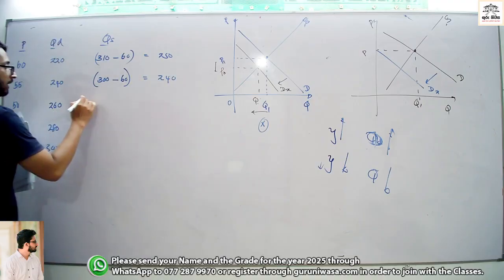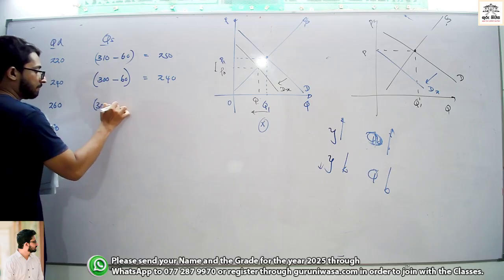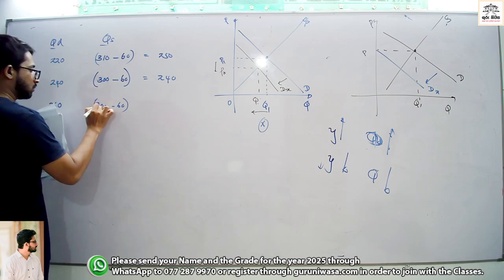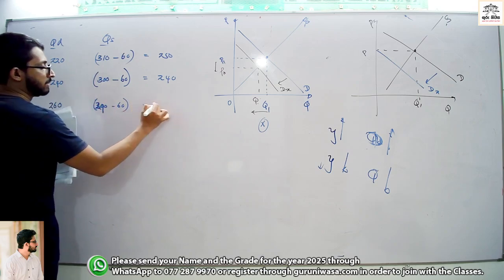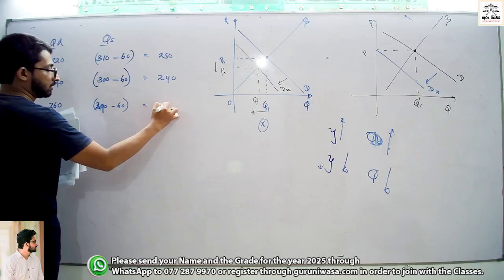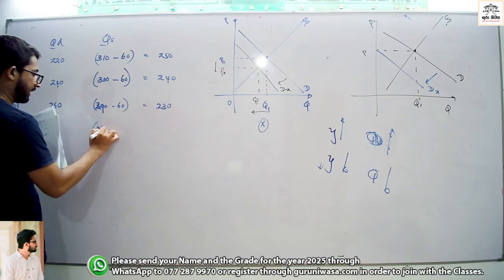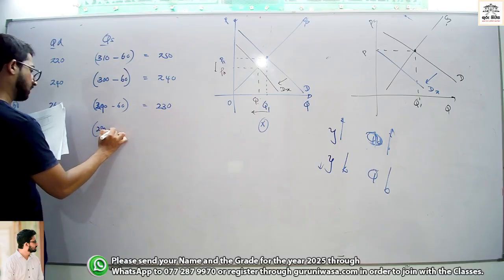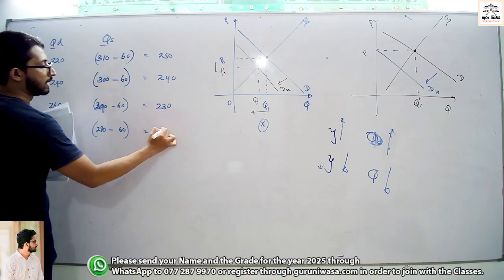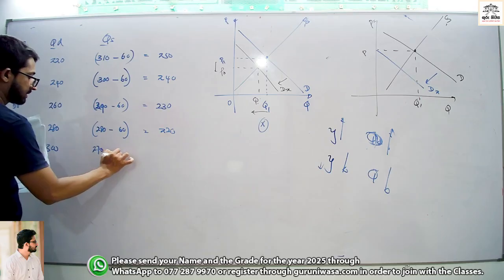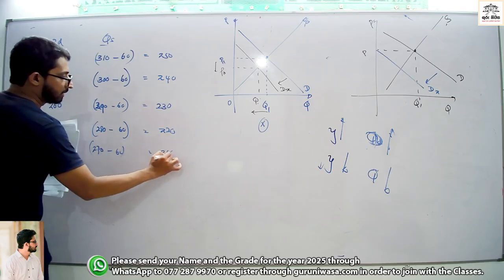Likewise, you have to reduce supply by 60 units at every price. Here 290 minus 60 is 230. Here 280 minus 60 is 220. Here 270 minus 60 is 210.